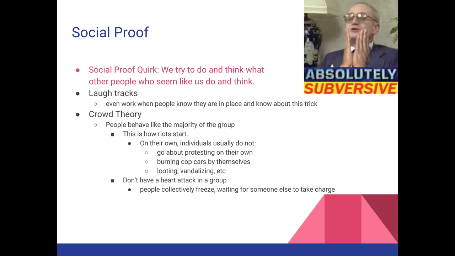It's because of this phenomenon, the social proof quirk. It's because on their own, individuals do not just wake up one day and say, hey, I'm going to go out and protest by myself. I'm going to go out, burn cop cars and loot and break windows and spray paint things by myself. At least the vast majority of normal humans.